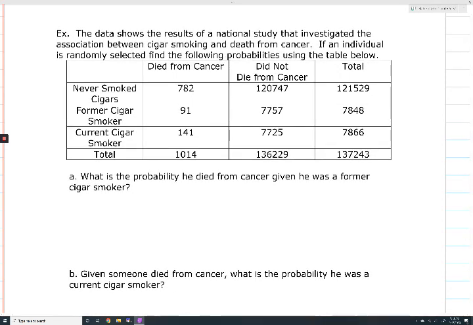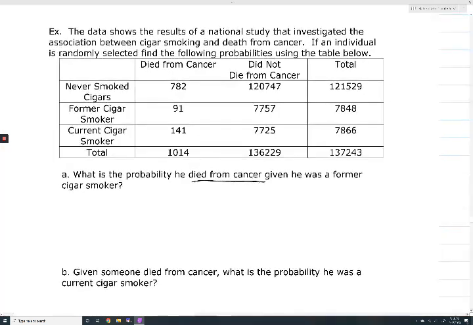What is the probability he died from cancer given he was a former smoker? So died of cancer is A, former smoker is B. So let's go through and look at how we have this. Which of those two things is given to us?